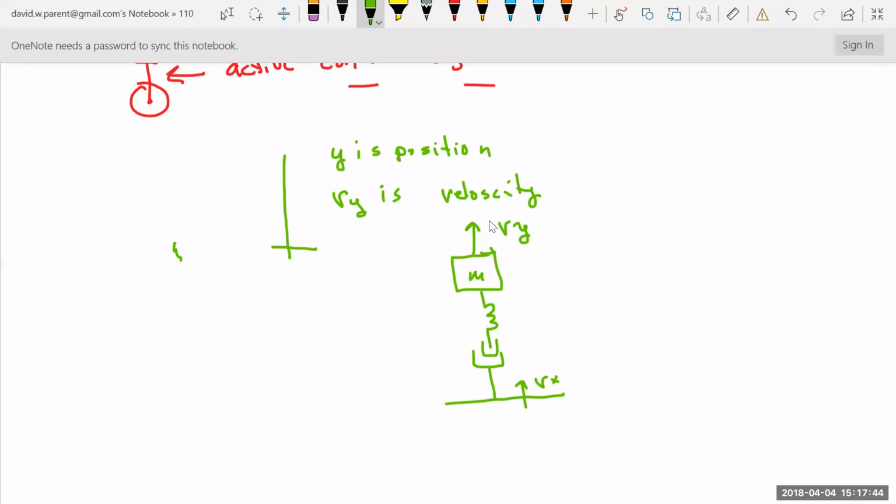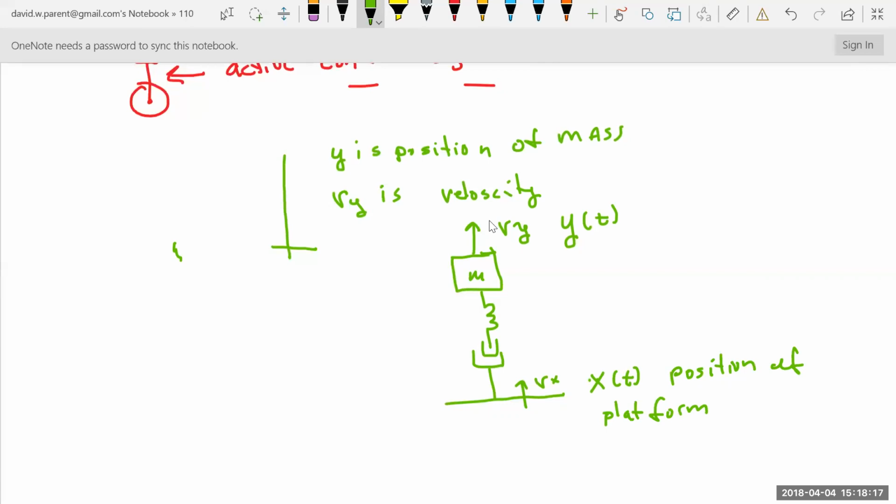So there's the position of the platform, which is just x of t. Where is this platform? y of t is the position of the mass. x of t, position of platform.